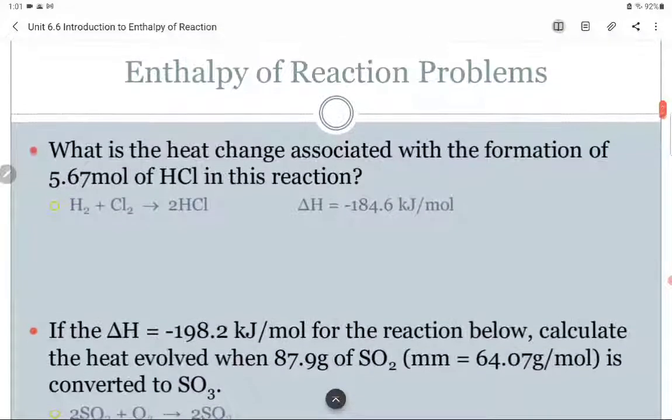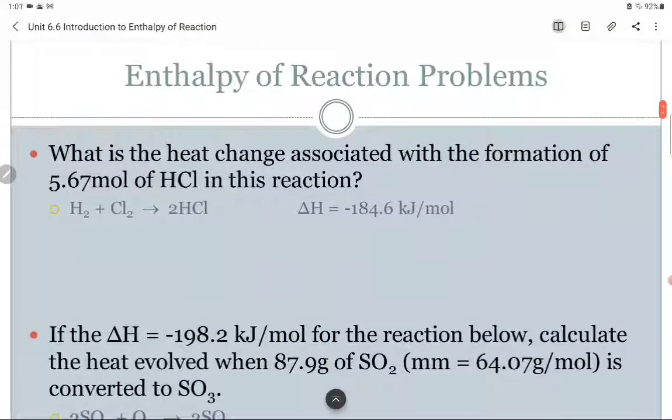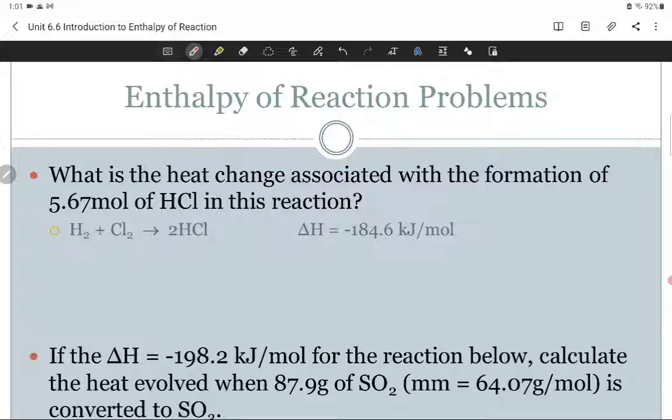So let's jump into how we could use enthalpy. What's the heat change associated with the formation of 5.67 moles of HCl in this reaction? With a lot of things this year, factor label does us a lot of good, and it will work out really well with this kind of question too.